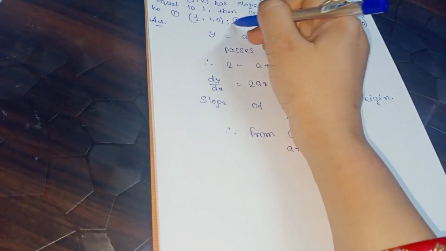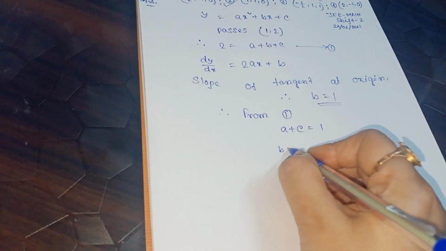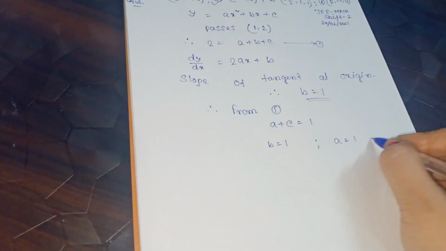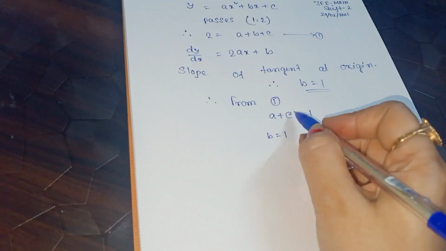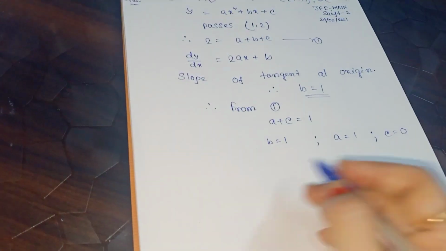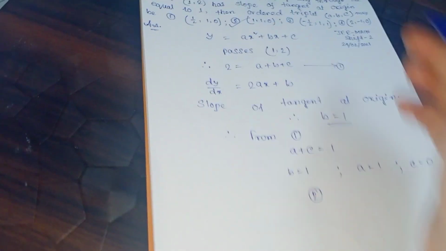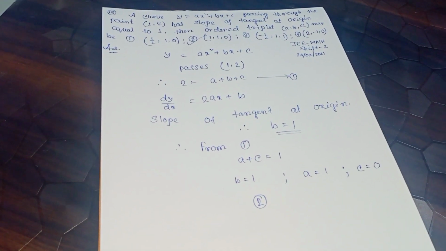So option 2 is our correct choice, as here b is equal to 1, a is equal to 1 and c is equal to 0. Therefore it satisfies the condition a plus c is equal to 1. Therefore option 2 is our correct choice. So here is the whole solution of question 15.